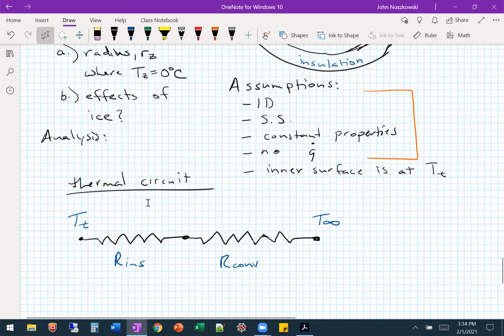All right, what else do we got to draw on this thermal circuit? The heat transfer. Yeah, and where is that heat transfer going? From T infinity to T tank. Yeah, so we have heat going into the tank.